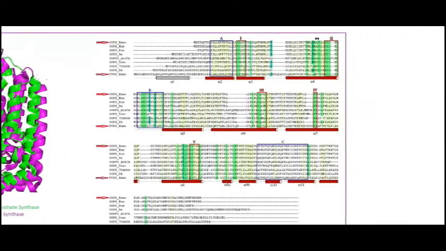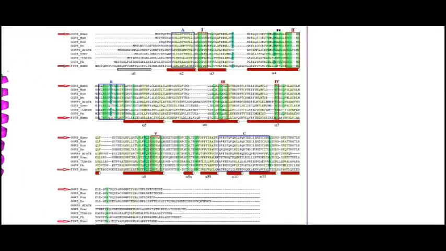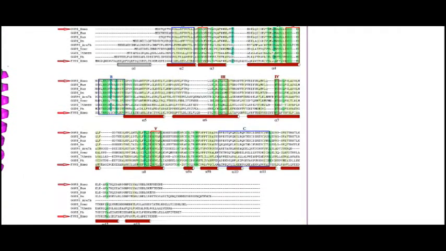If we look at this multiple sequence alignment here, we can actually see that there's quite a bit of sequence similarity, at least in certain places here. So where you see that there is green here, that tells us that there is a lot of similarity. So these are all geranylgeranyl pyrophosphate from different species.